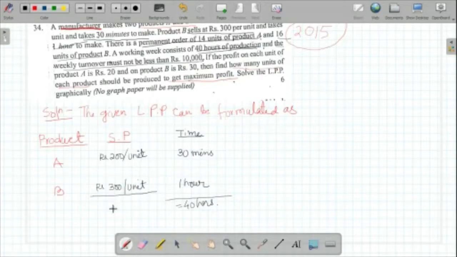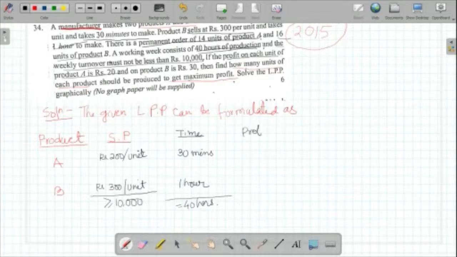So selling price should not be less than, meaning greater than or equal to the cost. So here the minimum is not less than 10,000. That means it should be greater than or equal to 10,000, right?